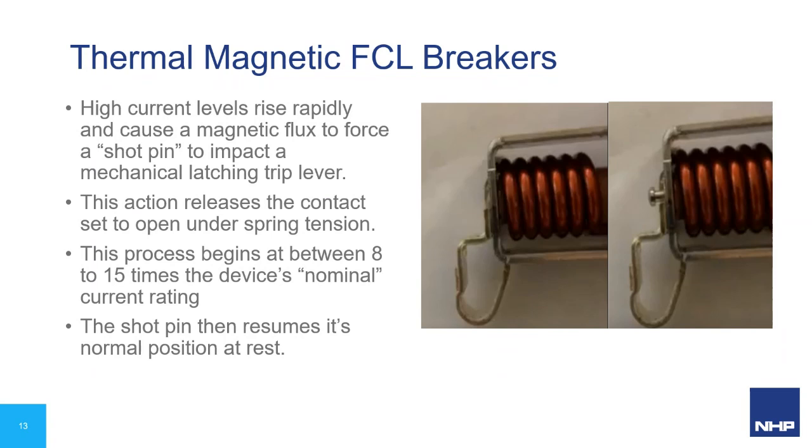The right-hand figure has an extended shot pin. The magnetic forces fire the pin hard enough against a spring resistance to travel the distance to hammer the unlatching mechanism. This process normally begins at between 8 and 15 times the device's nominal current rating, depending upon the characteristics of the breaker's instantaneous trip level. Some breakers have adjustable trip levels, some breakers have fixed instantaneous trip levels.